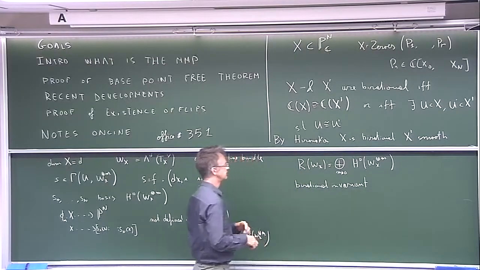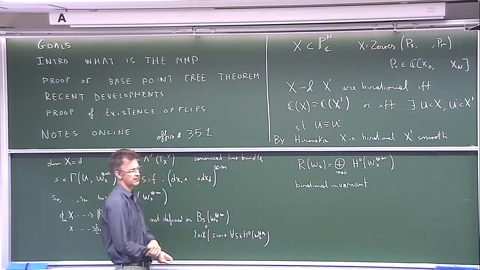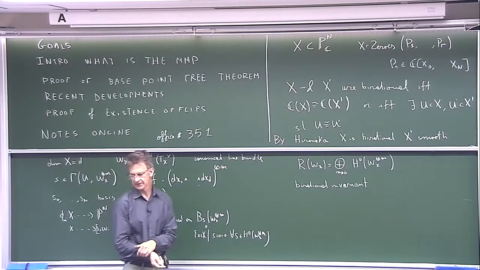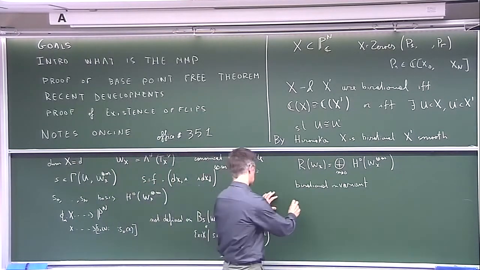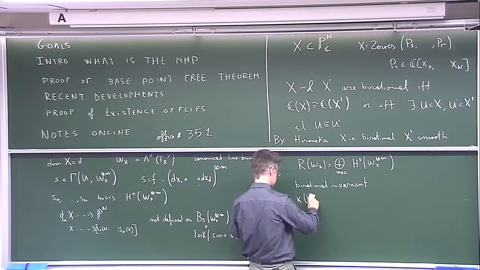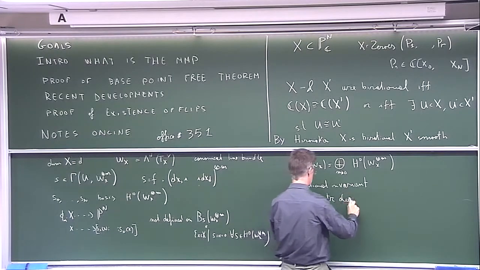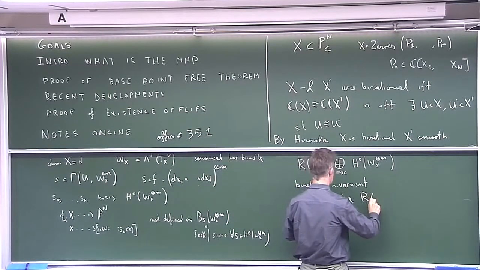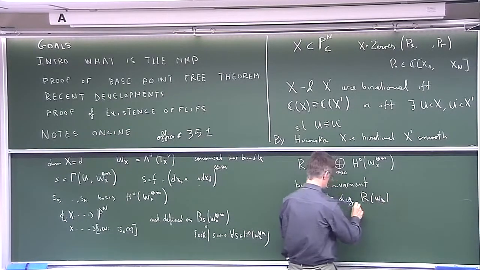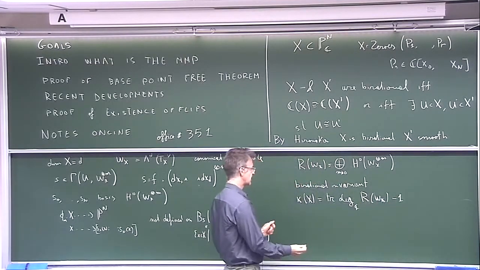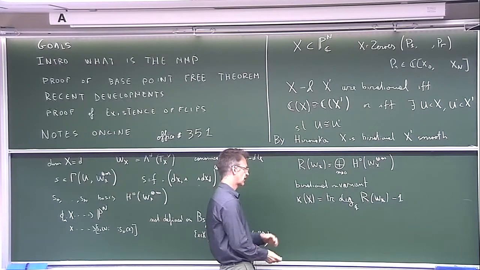And maybe it's quite complicated, so you can extract from this birational invariant some other interesting numbers. So for example, you can think of the Kodaira dimension of X to be the transcendence degree of this ring over the complex numbers, of course, minus 1. And it has several other equivalent characterizations.